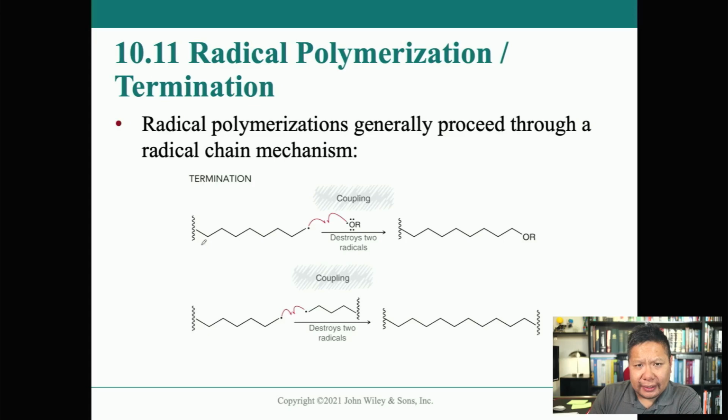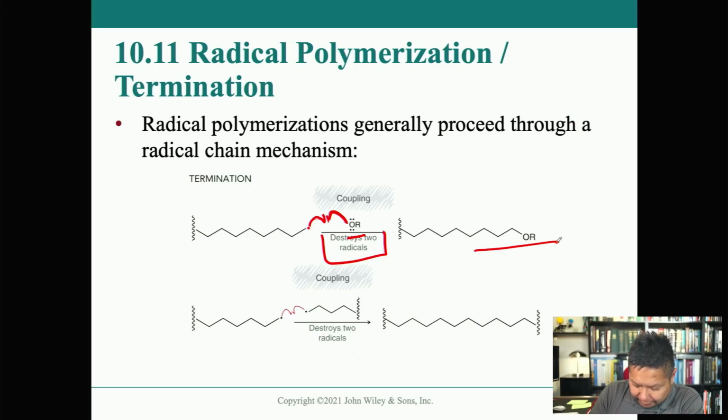And once again, this whole propagation thing can end when the alkoxy radical comes over instead of an alkene, and it destroys the 2 radicals when the radical on the carbon chain and the alkoxy radical join together, forming a new bond. Both of the radicals are destroyed, and you've terminated the propagation using coupling.